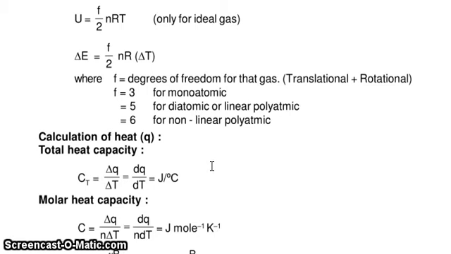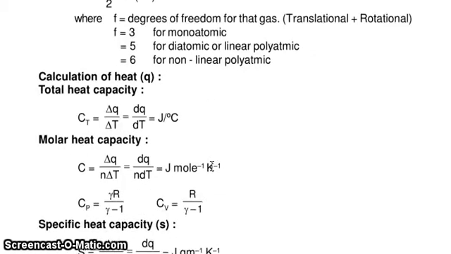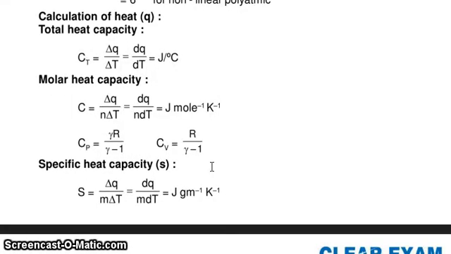Molar heat capacity C is equal to delta Q by n delta T, which is equal to dQ by n dT, in joule per mole per Kelvin. Specific heat capacity, you know friends, S is equal to delta Q by m delta T, which is equal to dQ by m dT, in joule per gram per Kelvin.